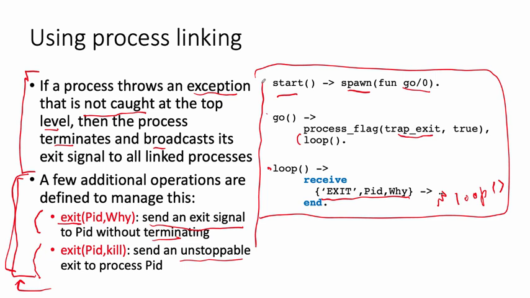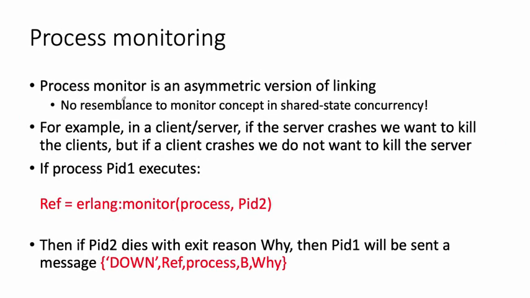Okay? There's a variation of linking called monitoring. This has nothing to do with monitors as in Java. A monitor is just an asymmetric version of linking, where a process will monitor another one, and when that other one crashes, it gets a message right away.